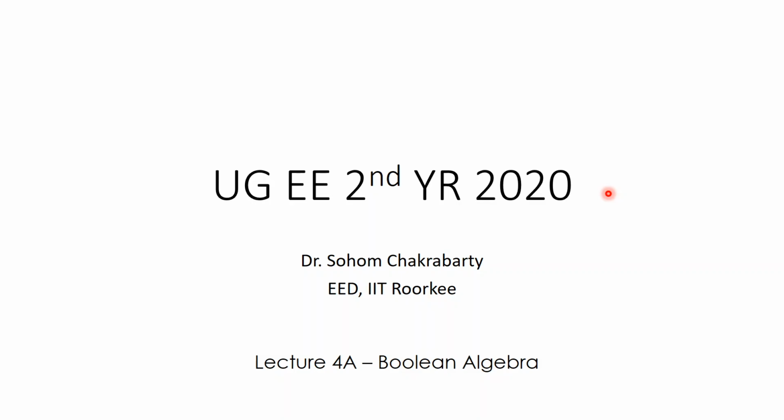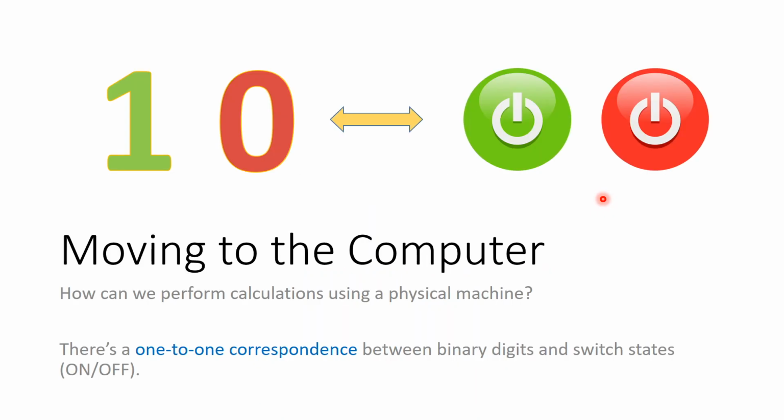That means the computation that we do in our mind, that same sort of computation on numbers, the manipulation of values, even a machine will be able to do if we utilize the binary number system, because we have in our hand the power of switches.